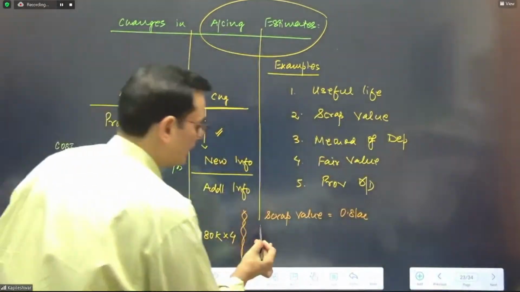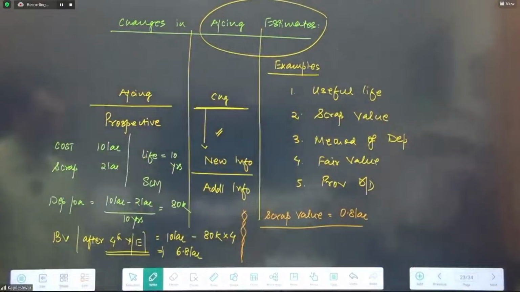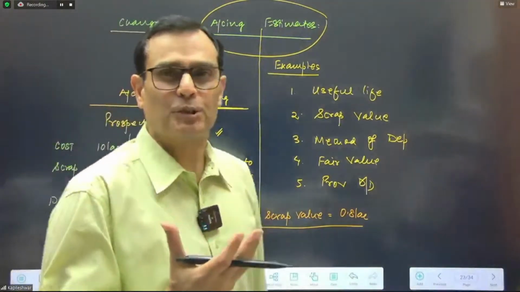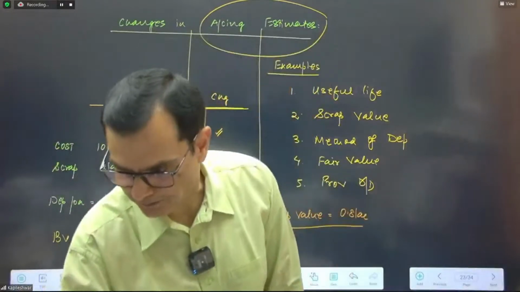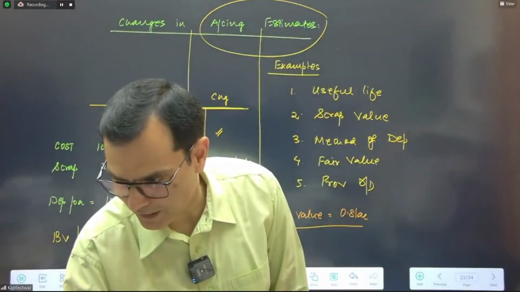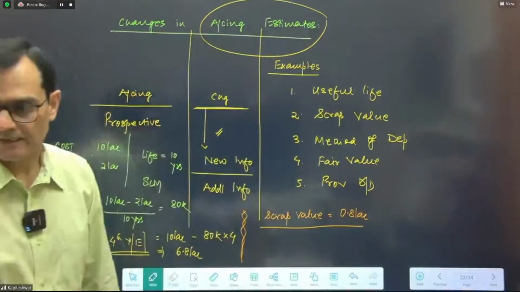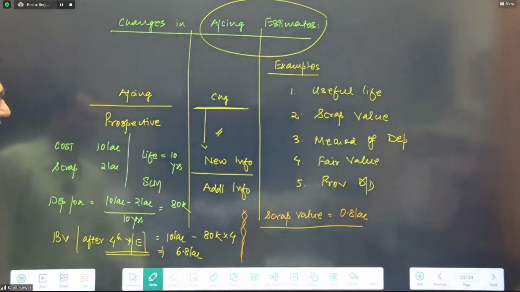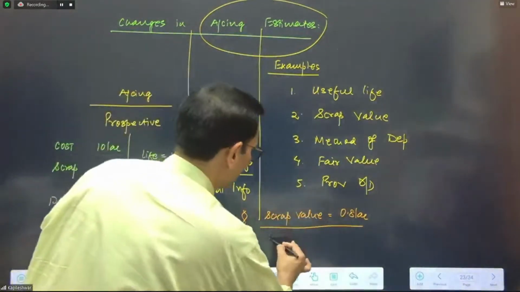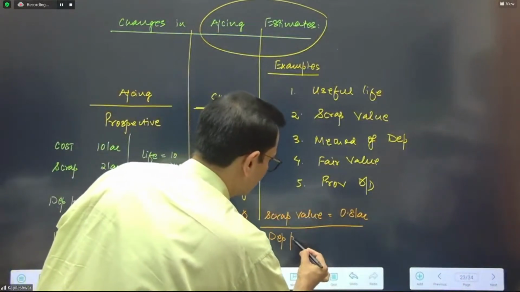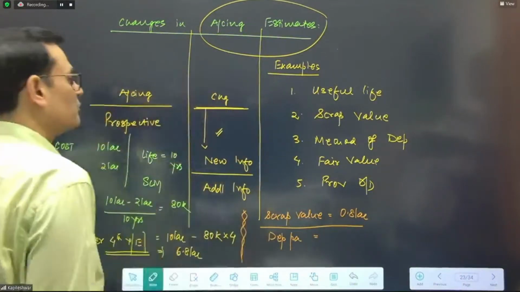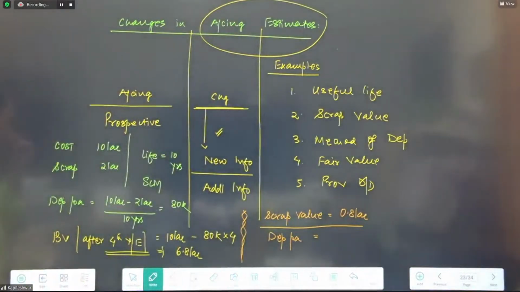The scrap value has undergone a change at the end of the 4th year. Would you like to give me the depreciation on a per annum basis? If the scrap value of the asset changes, what is going to be the depreciation on a prospective basis after this change?